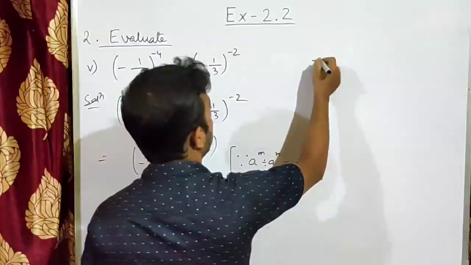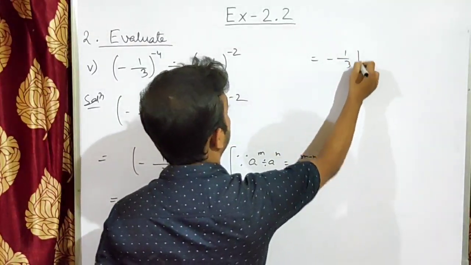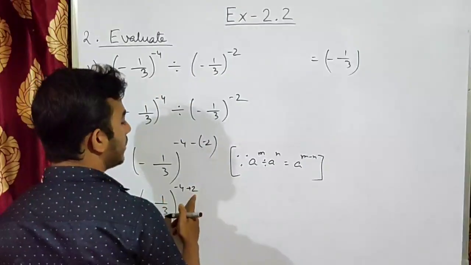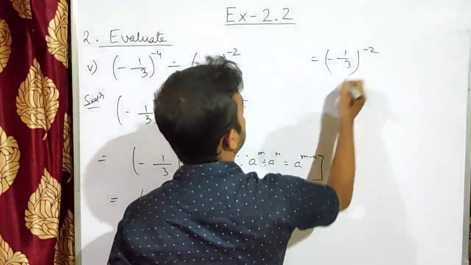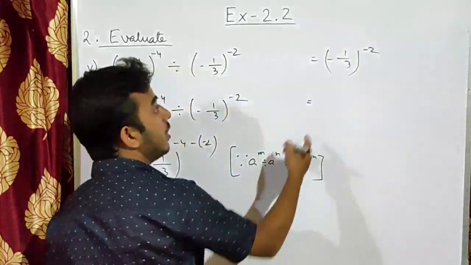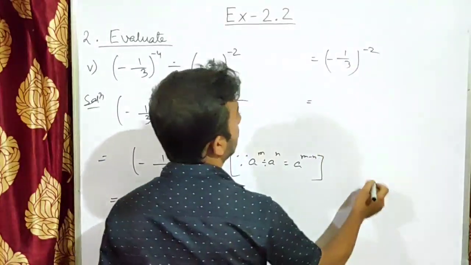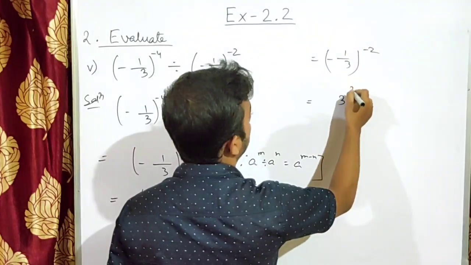Now again minus 1 by 3, then minus plus is what? Minus 4 minus 2 is what? Minus 2, isn't it? Now look, can we write this one as 3 to the power 2? Why?